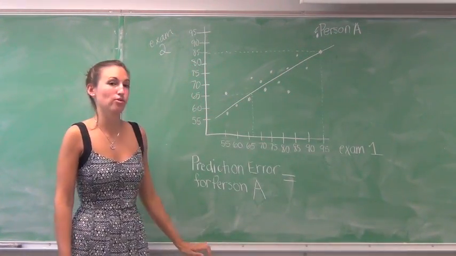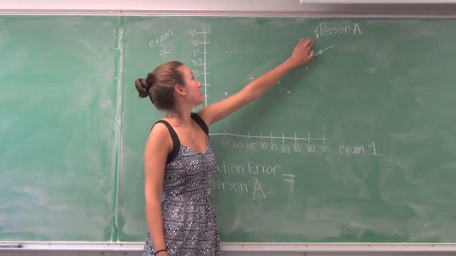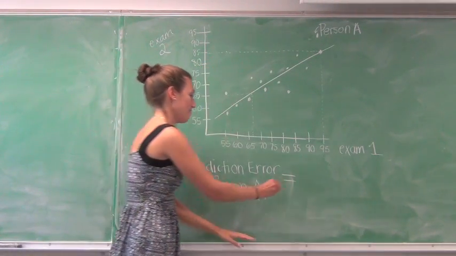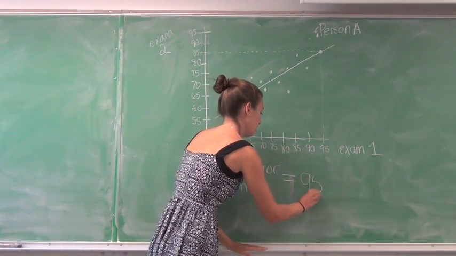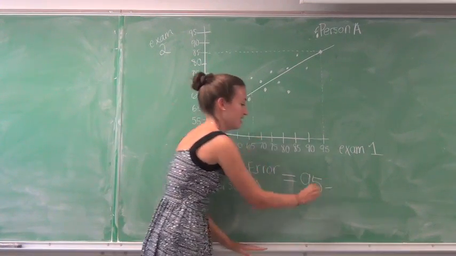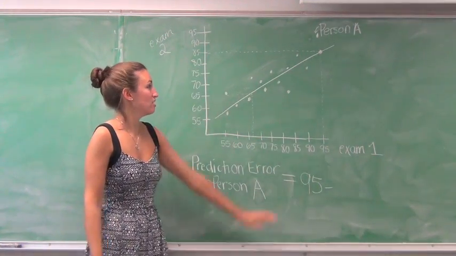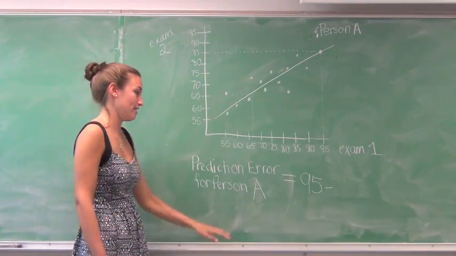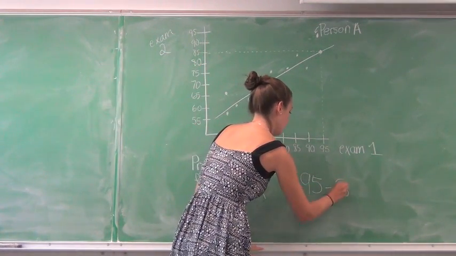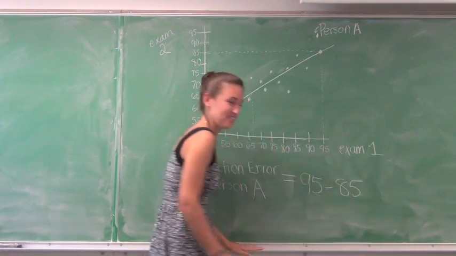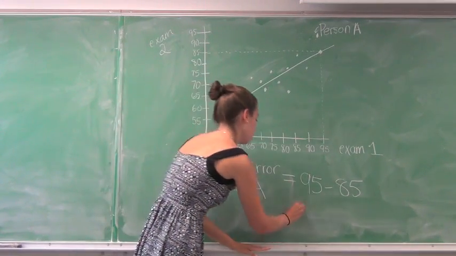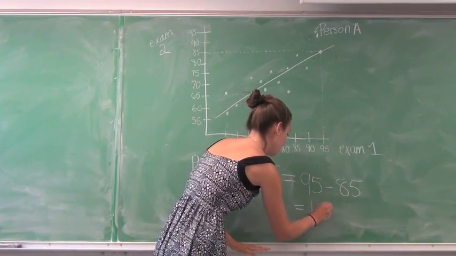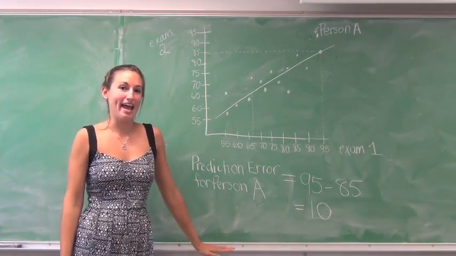So our actual score for person A, they actually, again, scored a 95, actual, minus what we predicted. The regression line predicted that they would score an 85. So doing this math, we're going to get a prediction error of 10 for person A.